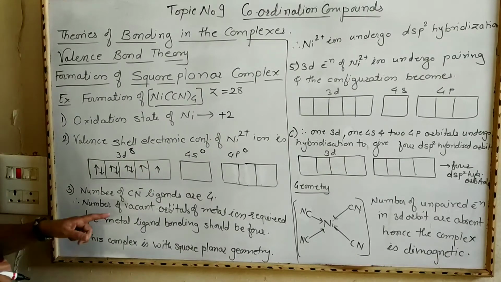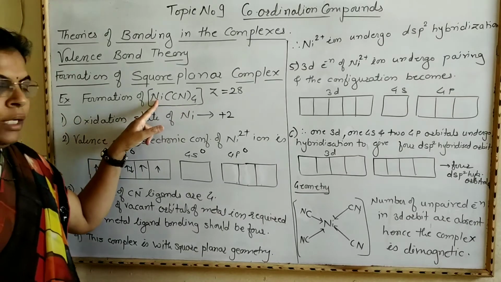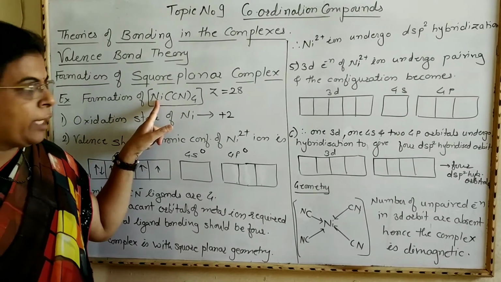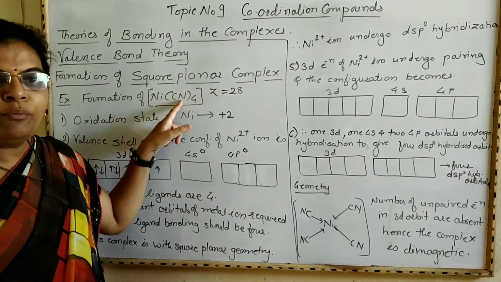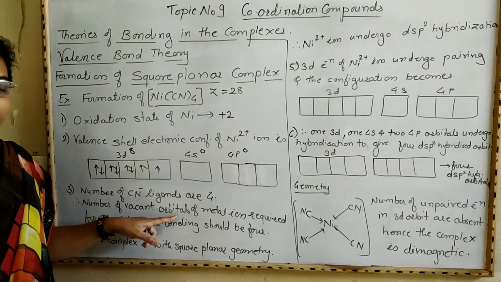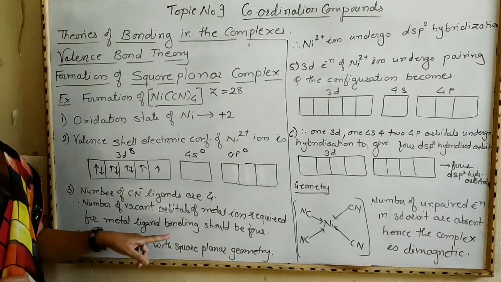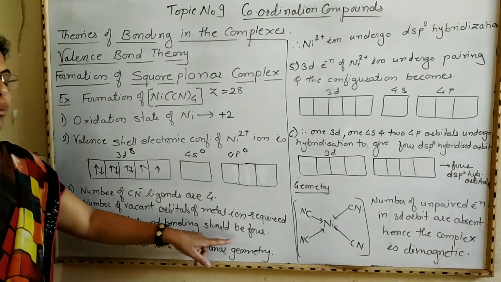Now the number of ligands which donate electron pair to the nickel during formation of this complex is 4, and therefore the number of vacant orbitals of metal ion required to form metal ligand bonding should be 4.